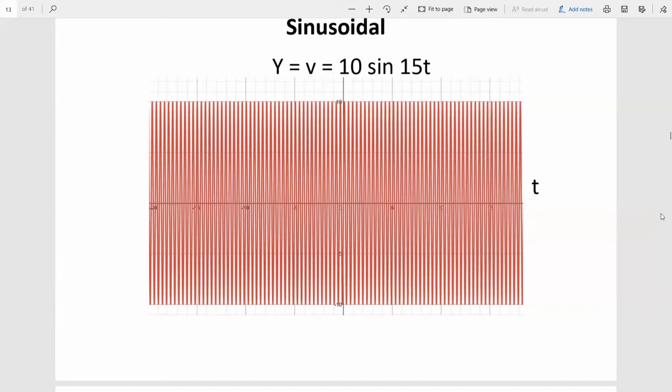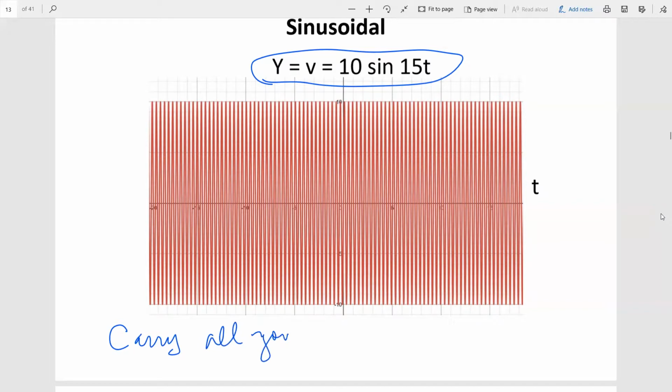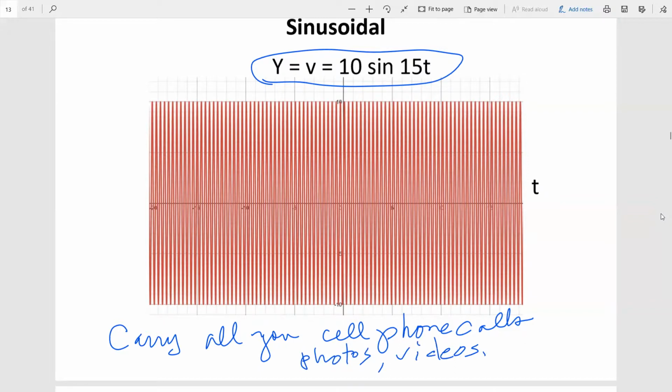And why this is so important is that these sinusoidal functions carry all your cell phone calls, your photos, videos, Instagrams, your texts, everything you send on the network.